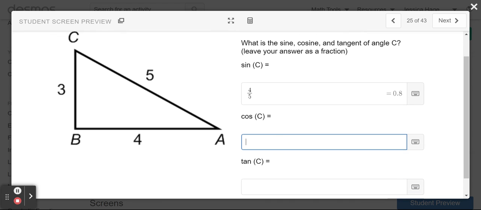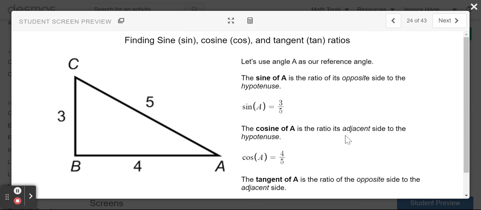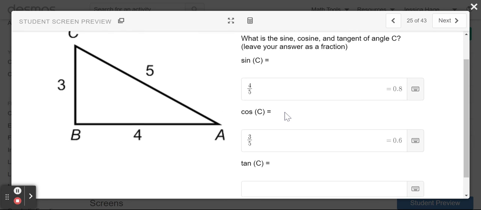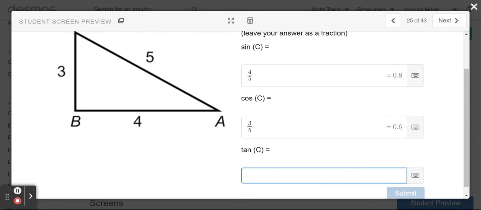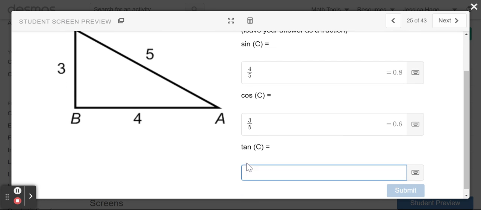Cosine of angle C. So if I'm at angle C, I want the side adjacent, which is the closest to angle C, which is 3. And cosine is also divided by the hypotenuse, adjacent to the hypotenuse. And then when we do tangent, angle C, we're doing the side opposite angle C, which is 4, divided by the side adjacent.